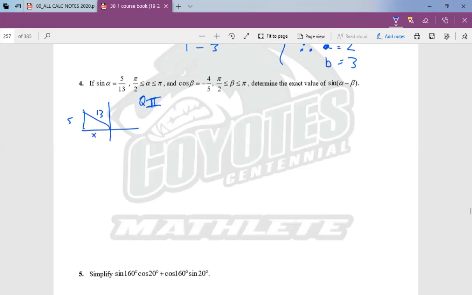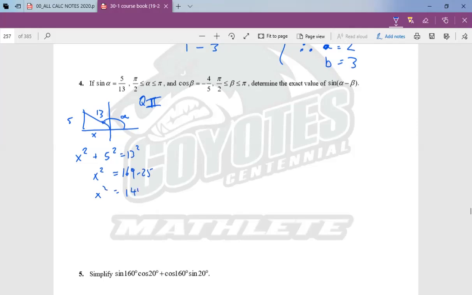This is x. We should label this as alpha. And let's start off with the fact that x squared plus 5 squared equals 13 squared. x squared equals 169 minus 25.